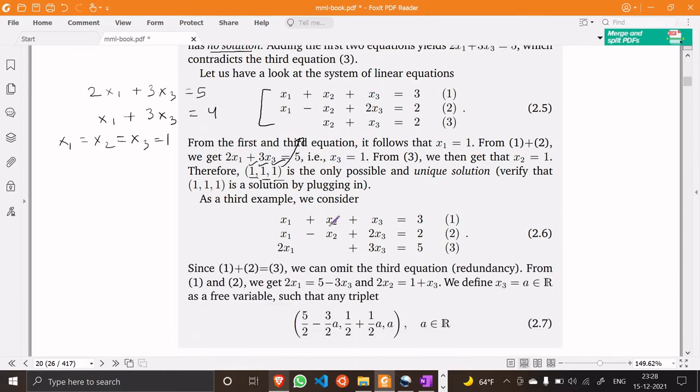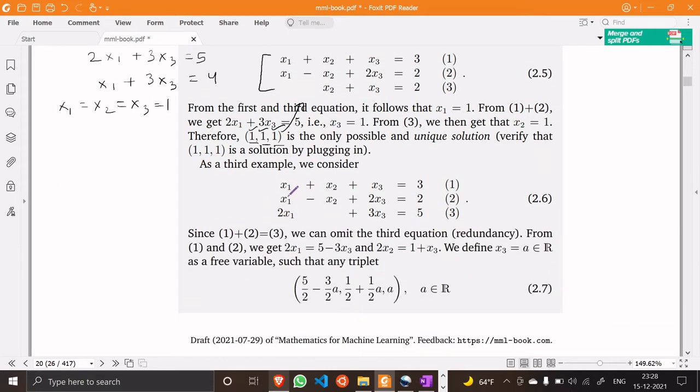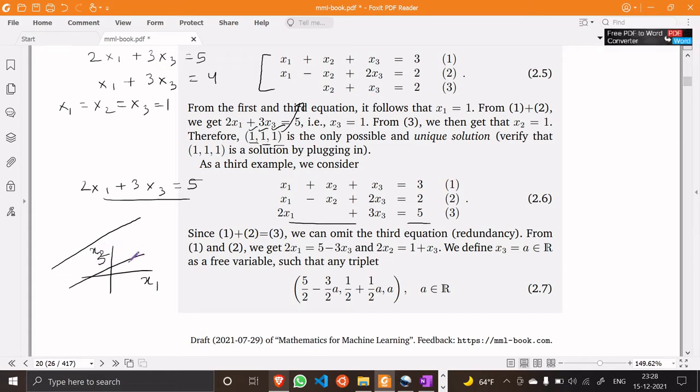Now consider the third case. On adding 1 and 2, you get 2x1 plus 3x3 equals 5. But you see that the third equation is the same as that. And you can see that this is a line. Just imagine this is the x1 coordinate axis and this is the x3 coordinate axis. This could be imagined as a line in a 2D plane, but things get different in a 3D plane.